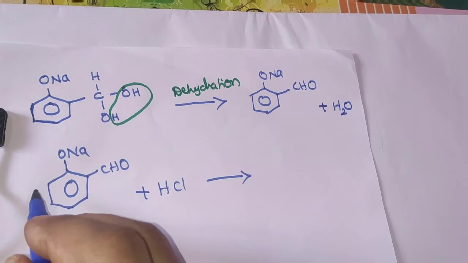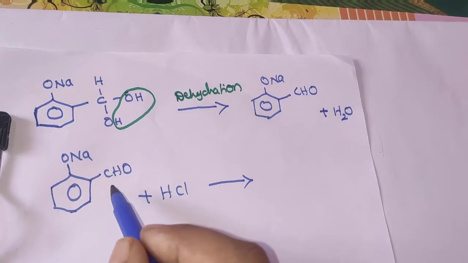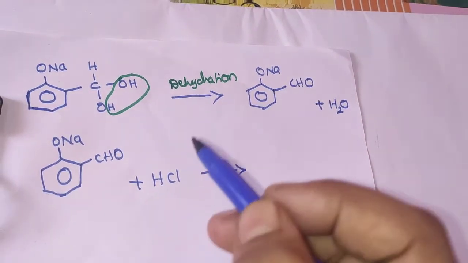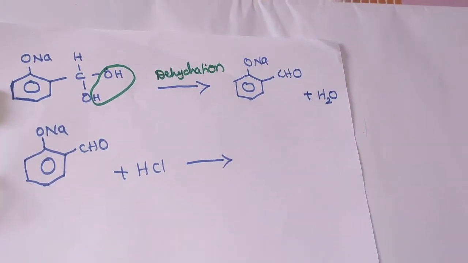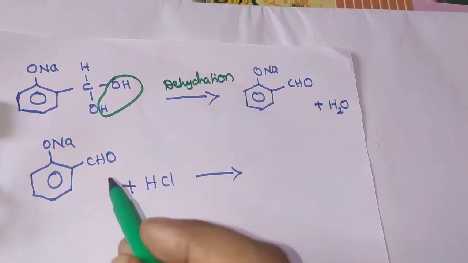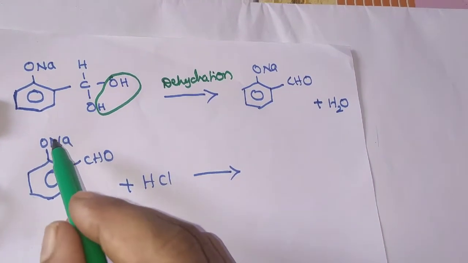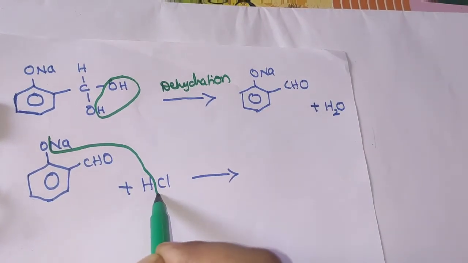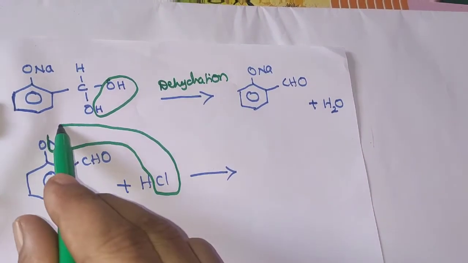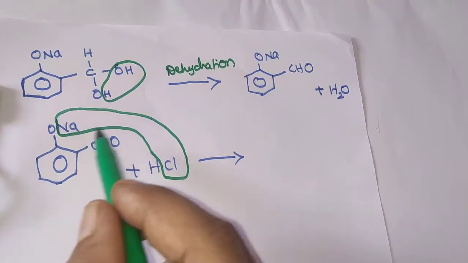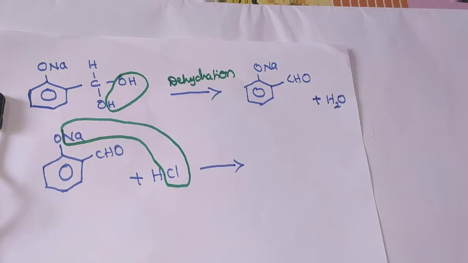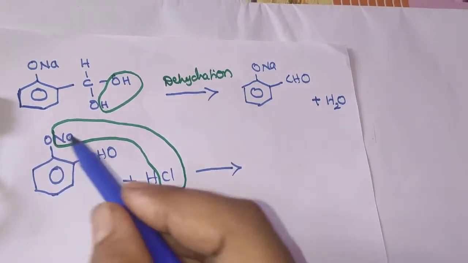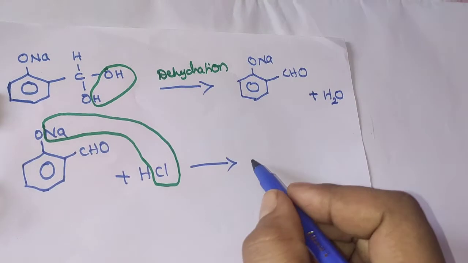See here what will happen. This reactant must be acidified with hydrochloric acid. What will be eliminated? Salt will be eliminated. How? See here, the Na group combines with this Cl group and is eliminated in the formation of NaCl as a salt. Then this H is going to substitute or combine with this oxygen.